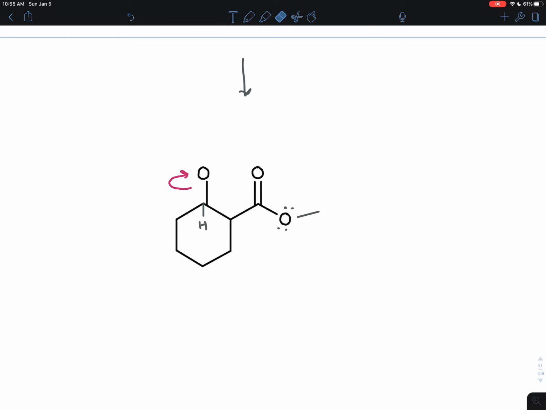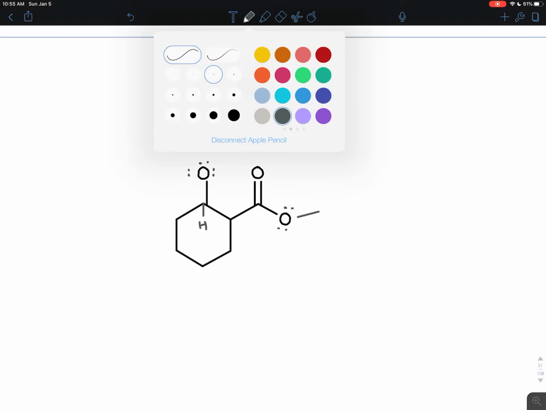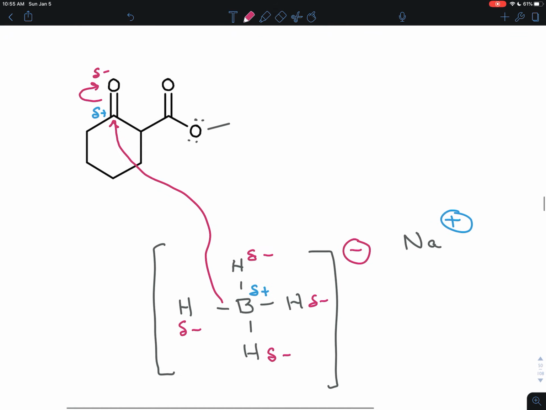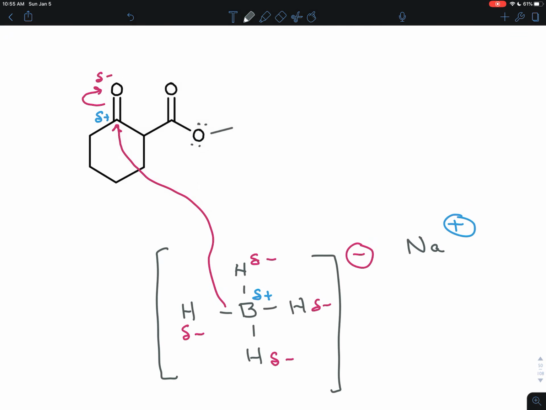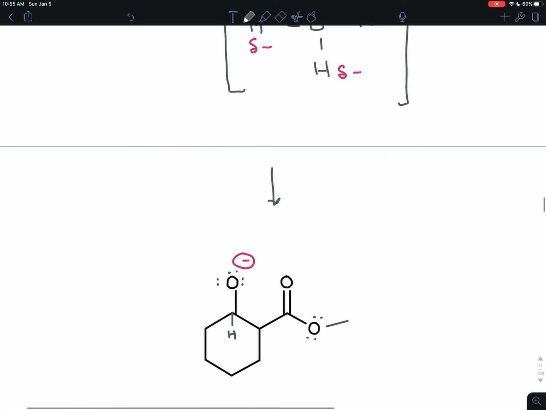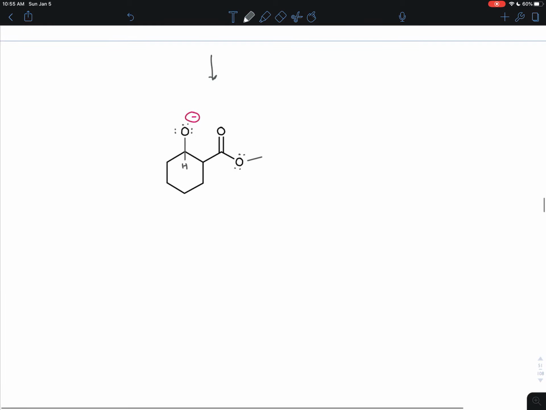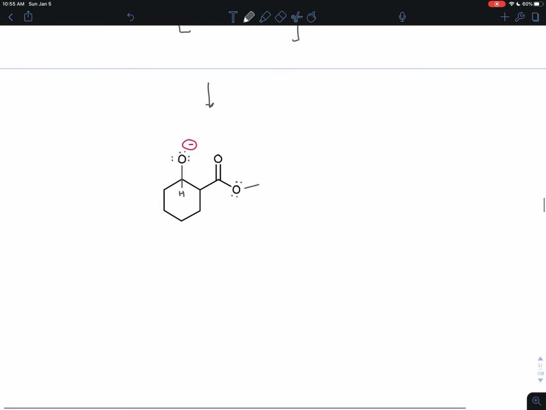The pi bond breaks, and the electrons go onto this oxygen here, which now has 3 lone pairs instead of just 2. They weren't drawn in, but it had 2 lone pairs here. Okay, and then I'm going to move this bond over just so it's more symmetrical. So we've reduced that ketone, but what we have to do next is to stabilize this negative charge.